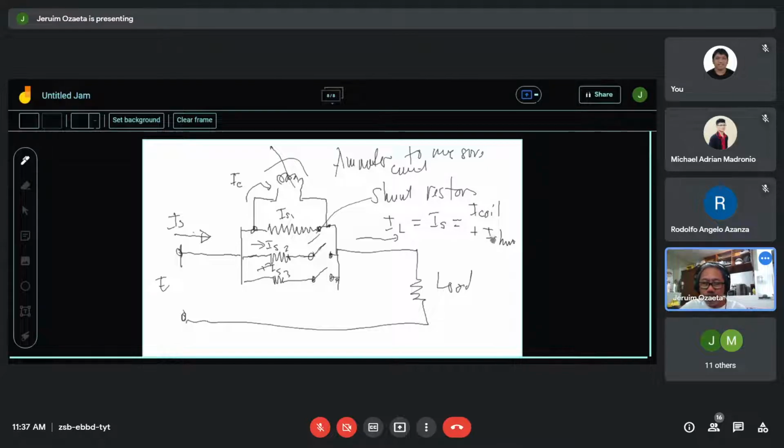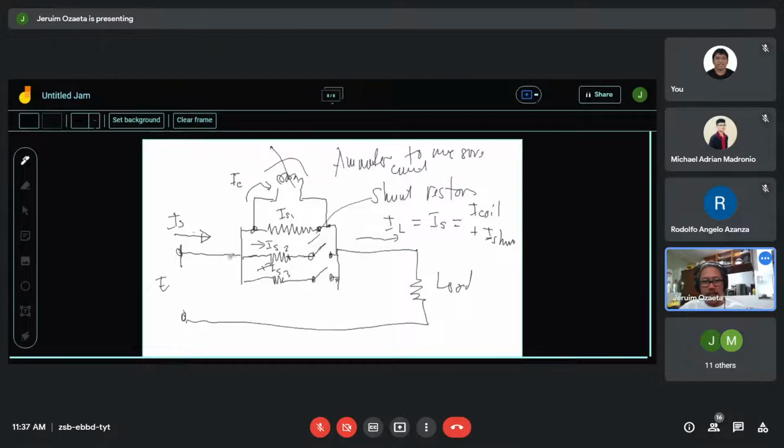Is the coil plus the shunt; you can now determine what shunt will be in proportion to make a maximum deflection at the instrument.